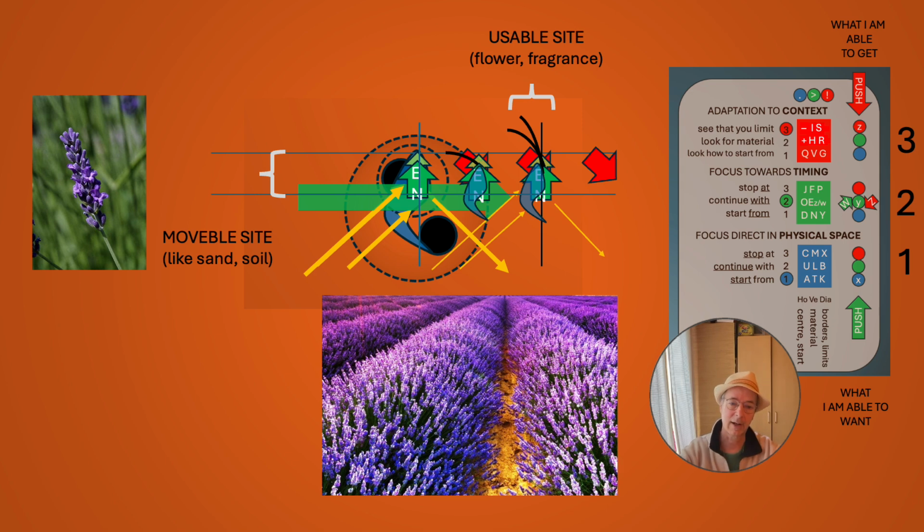If we look at lavender, we almost recognize what we already have, this moving of material, this loose material actually, before we get something out. But the moving could also be moving of ingredients, moving of the sand.